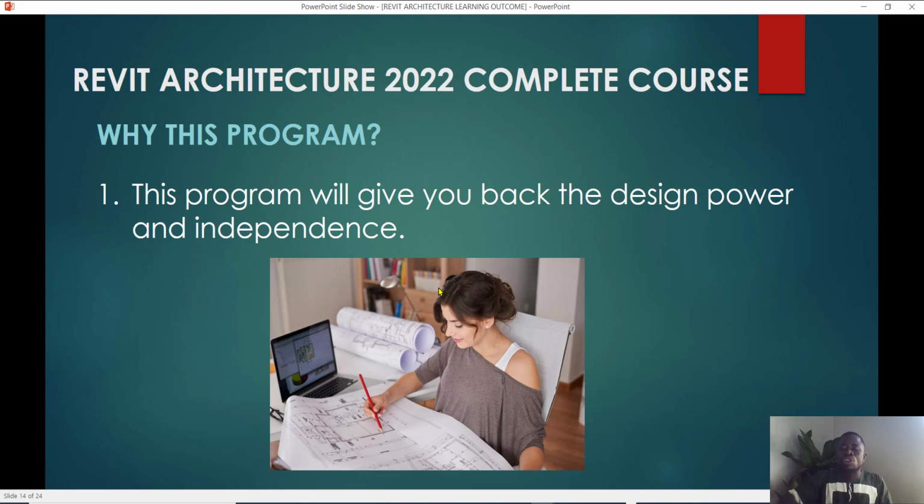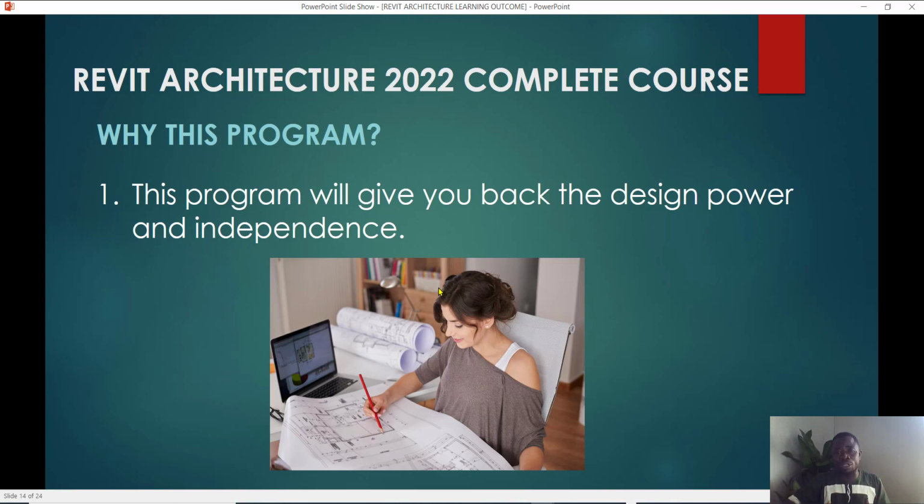It's because you can do it, but you just want to scale up. So this program is designed to equip you with all the tools so you have your independence, so that when you get into situations where you have to come up with a model or some design quickly, you wouldn't have to depend on anybody. You'll be able to do it.